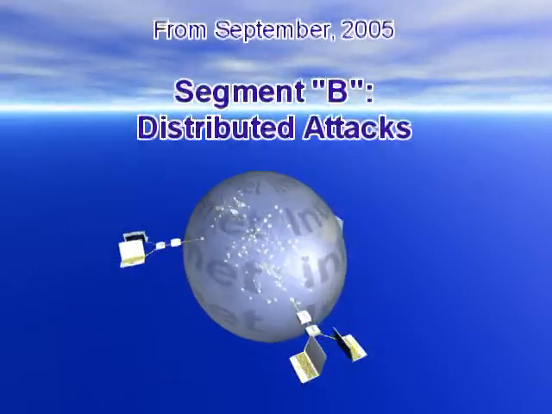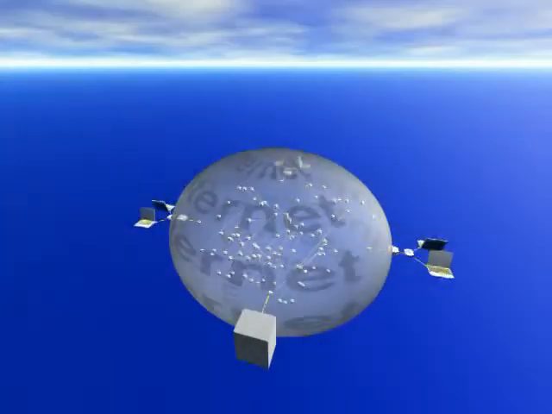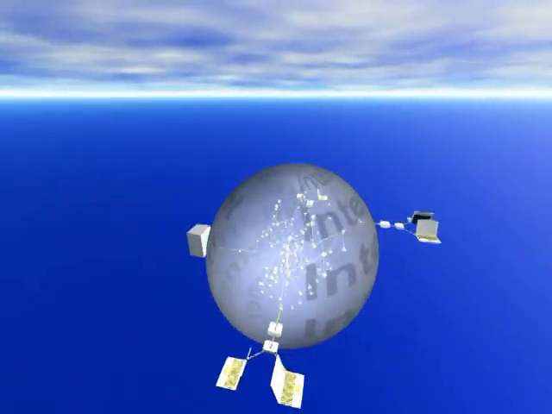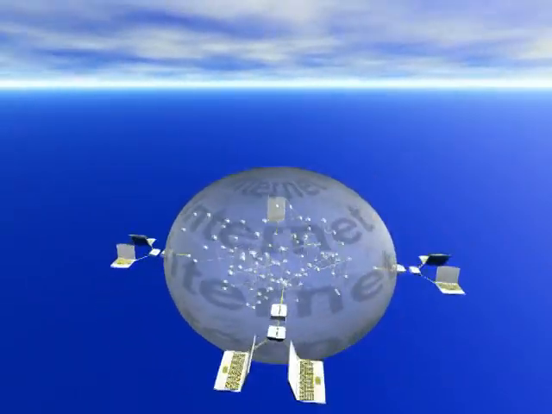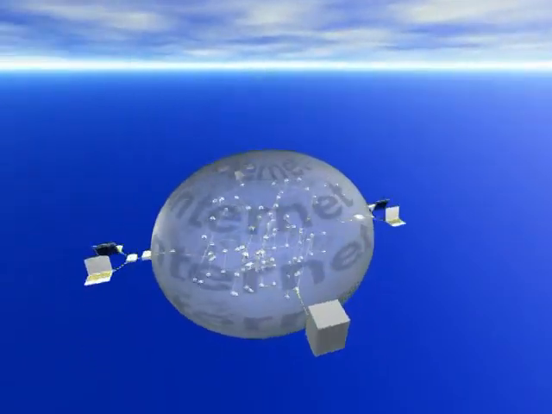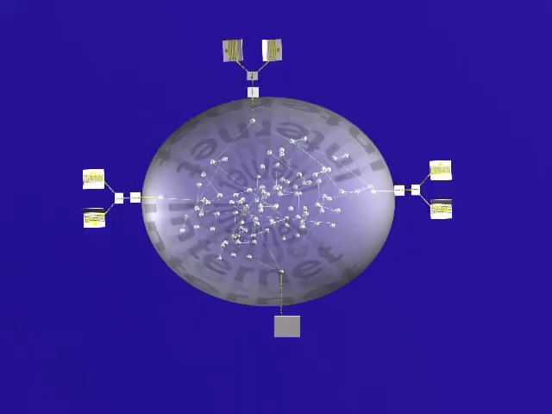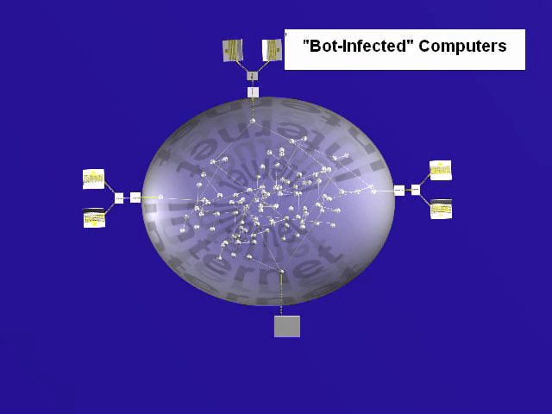This is segment B on distributed attacks. As he developed Security Now episode 8, Steve introduced distributed attacks by reviewing the current state of affairs among bot fleets. It is now commonplace, he explained, for malware to infect large numbers of computers with command and control viruses.